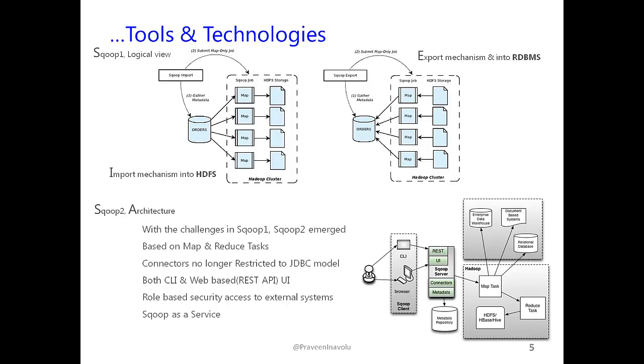But now you can write your own way of connecting to a database without depending on JDBC. Okay, and coming to security, there were a lot of security concerns with Scoop, so Scoop 2.0 addresses that problem as well.